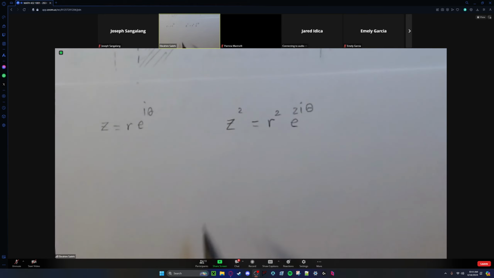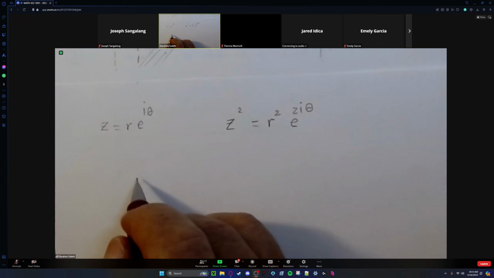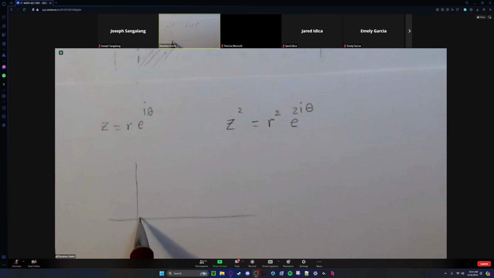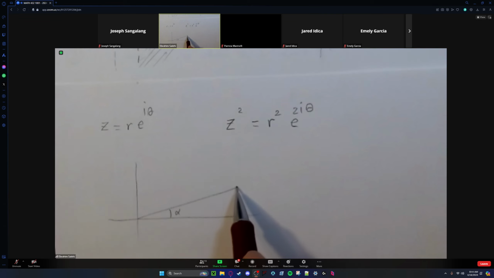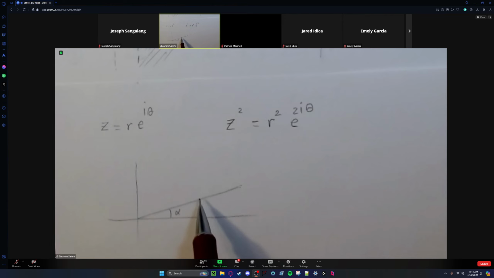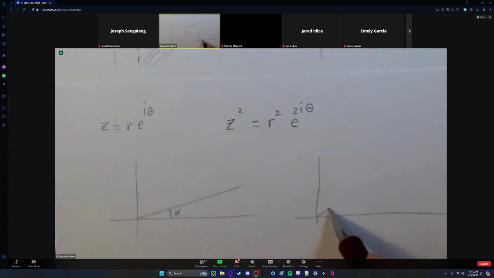What does this mean? This means that if you have a ray like this, then the angle here is alpha. When you square it, this ray becomes another ray. The points on this ray will stay, the modulus will change, of course, but the angle will become 2 alpha. So after squaring, what I have is 2 alpha.